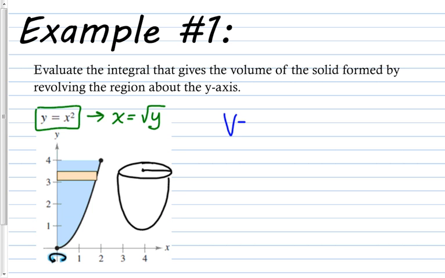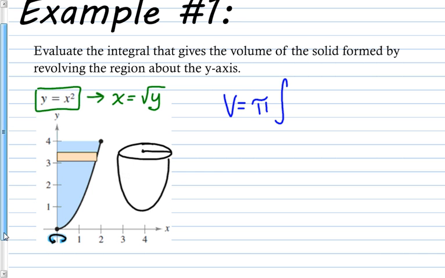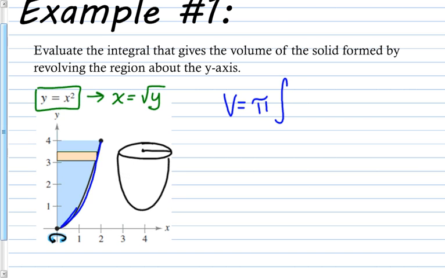All right, so volume is equal to pi times the integral from c to d. Now, if you recall, when we did area underneath the curve for x equals with respect to y, we had to do the right curve minus the bottom curve, right? And we used the y values for the limits.